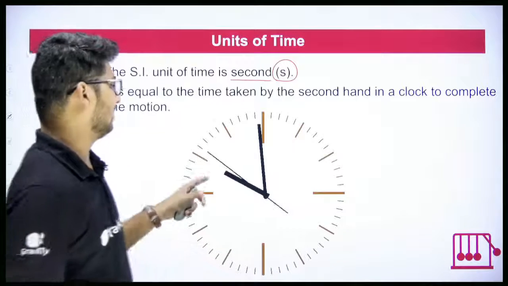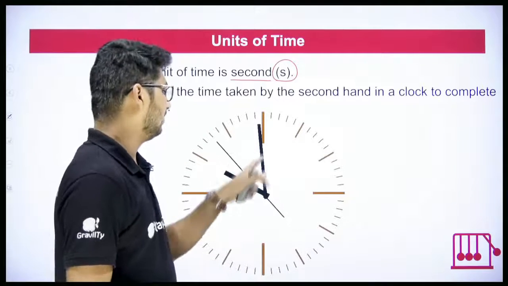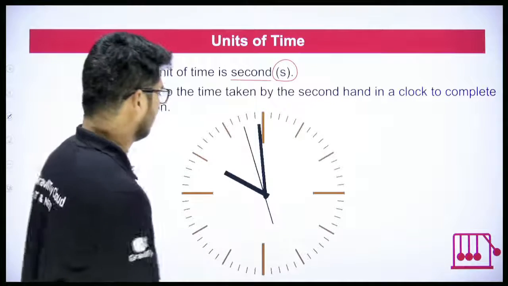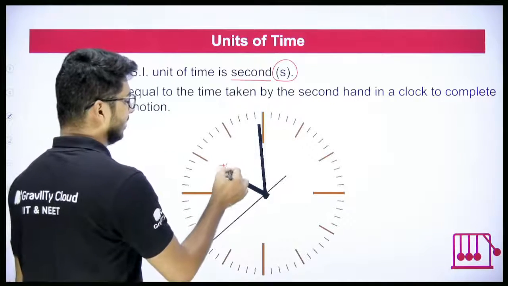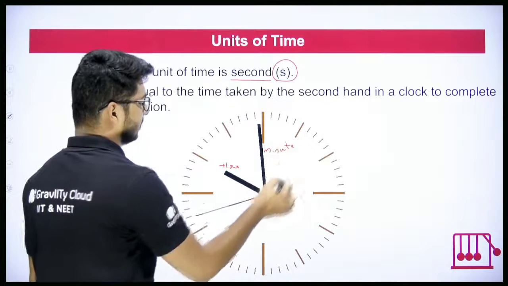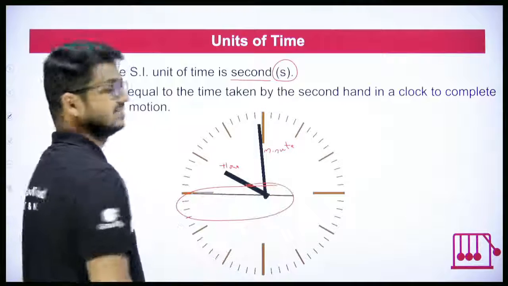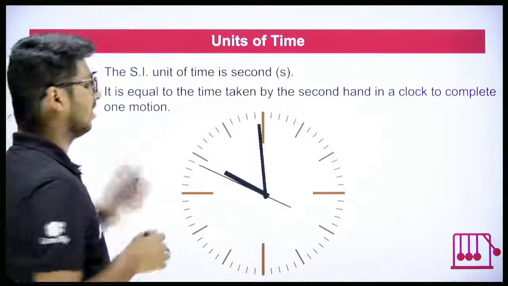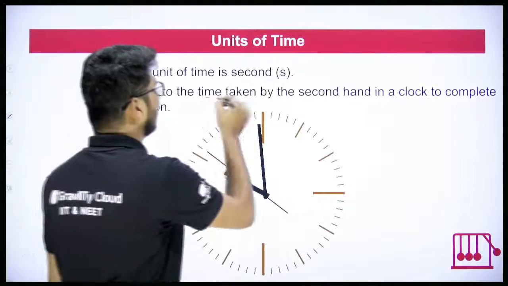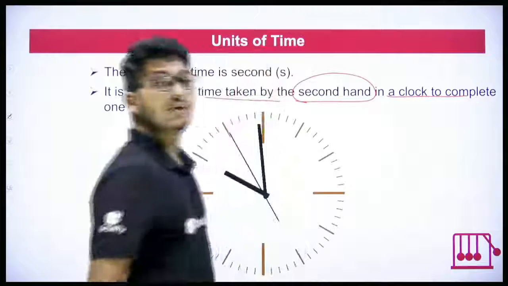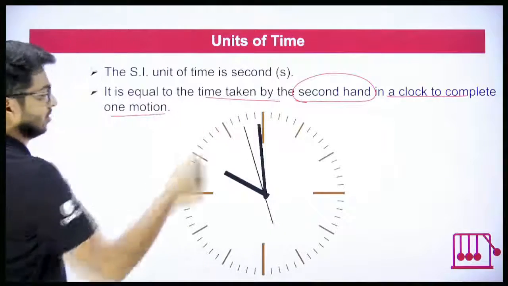So you have three different hands here: a minute hand, a second hand, and an hour hand. This is the hour hand. This is the minute hand. And this one that is moving here is the second hand. So 1 second can be defined as the time taken by the second hand in a clock to complete one motion.